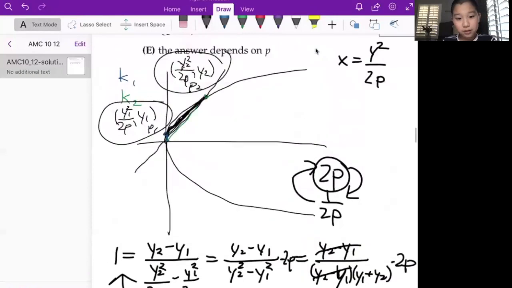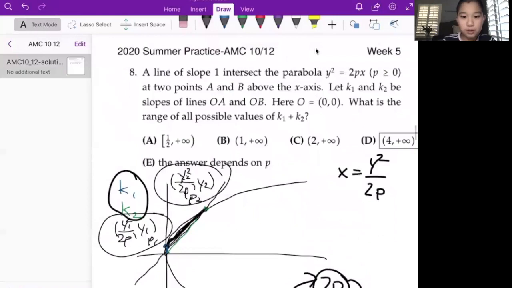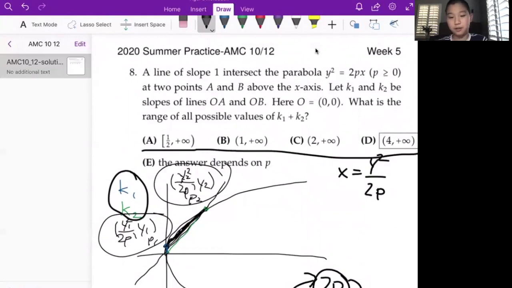And then we also want to find k1 plus k2, or more specifically, the minimum and maximum values, because it asks for a range. But the answer choices suggest that the maximum value is infinity.